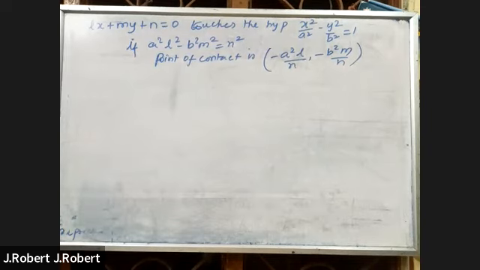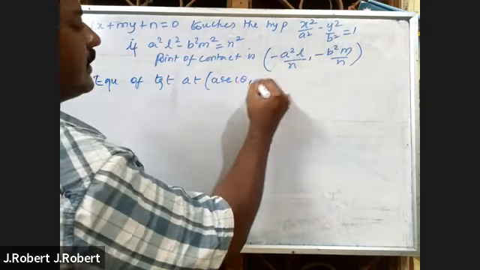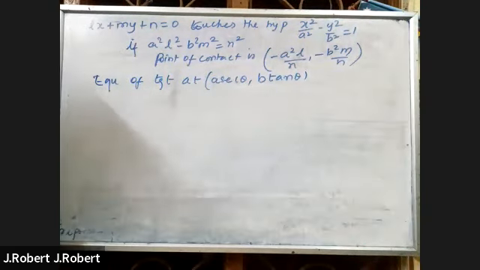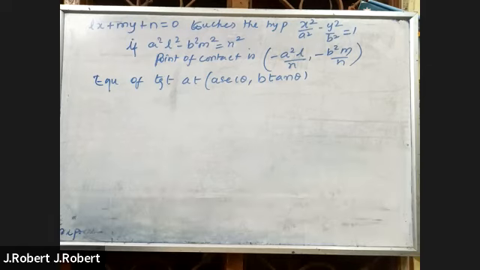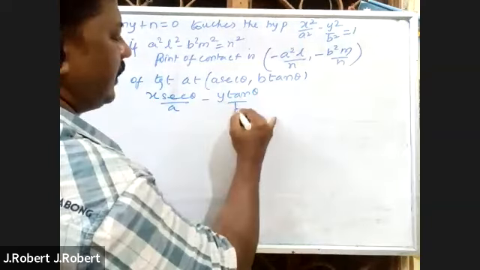The next one, parametric form. Equation of tangent at a secant theta, comma b tan theta is x secant theta by a minus y tan theta by b is equals to 1.